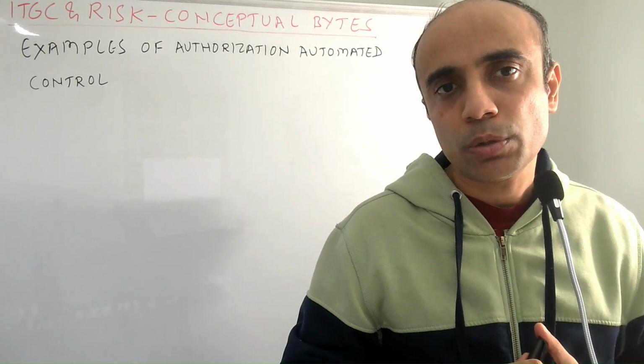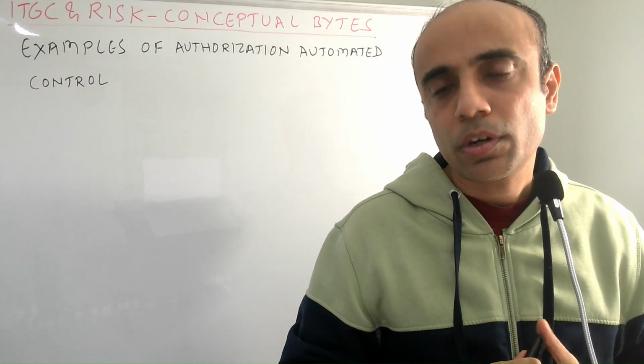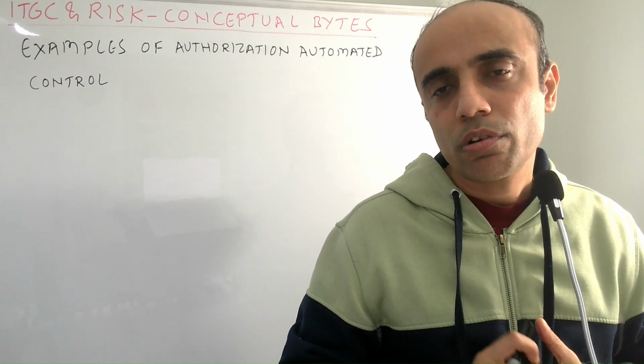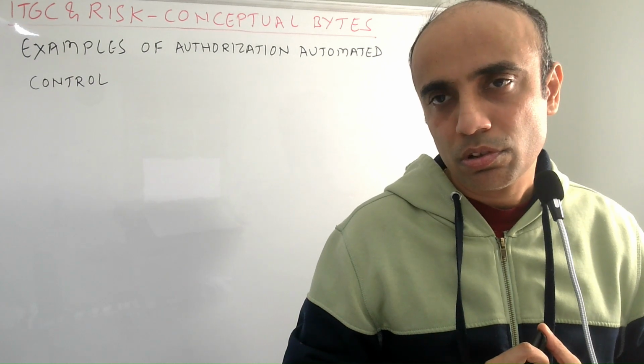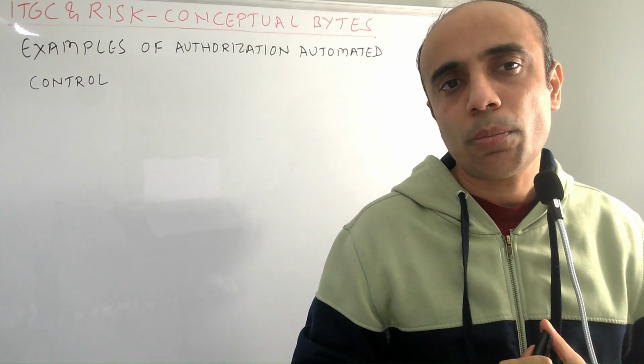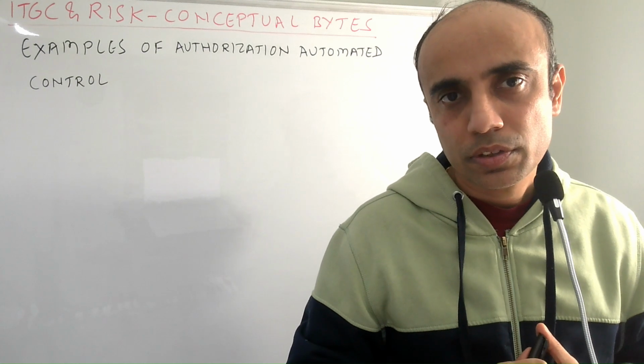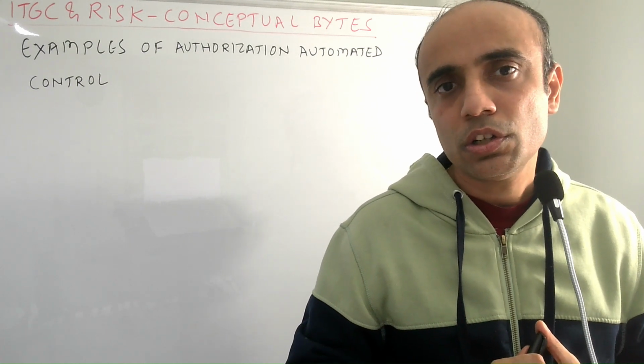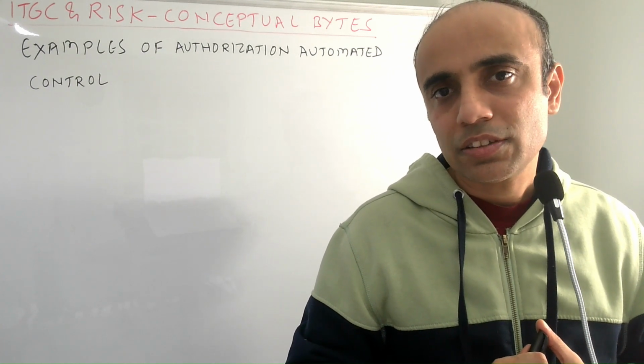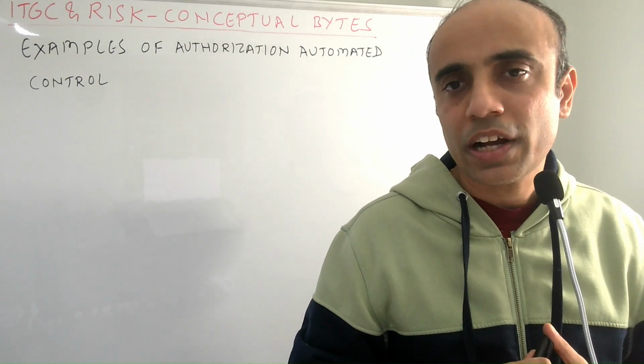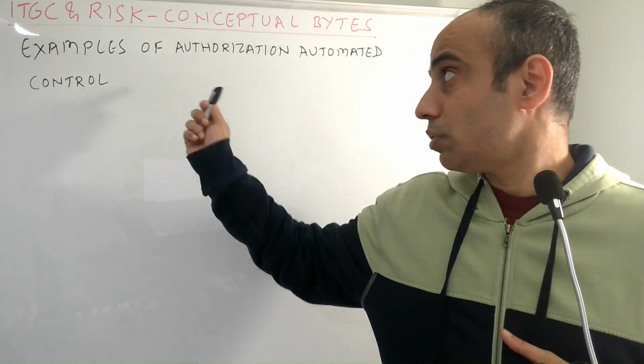Friends, as part of the Conceptual Bytes series, I'm covering more real life business examples of each of the 5 common types of automated controls. And in the same series, today we'll cover examples of authorization IT application or automated control.